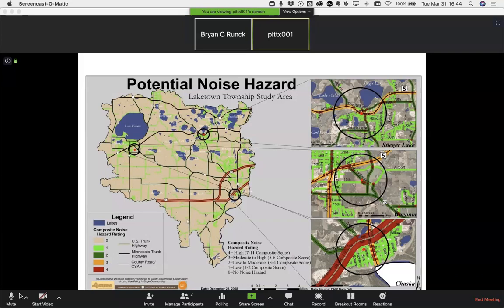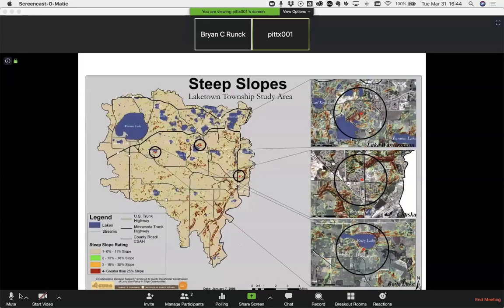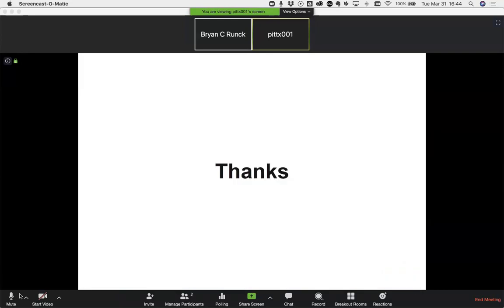The other highways have lower levels of use intensity and consequently have lower levels of noise hazard. So you'll be mapping the flood hazard areas, you'll be mapping steep slope areas, and you'll be mapping noise hazards associated with transportation. Thank you very much.